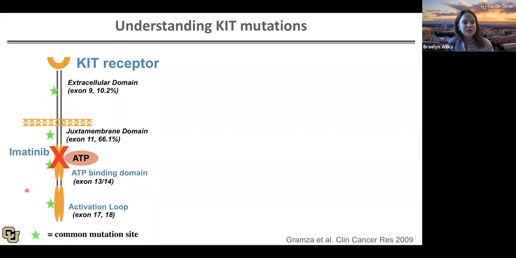And so it's important to know that imatinib exerts its effects. It blocks signaling really very close to the ATP binding site. And so this is why if you get mistakes that change the structure around the ATP binding site, like exon 13 and 14 mutations, or further downstream, this is why imatinib stops working and you get resistance.